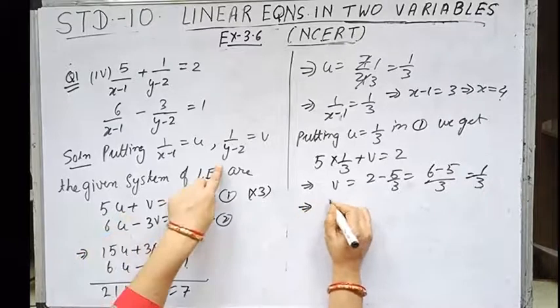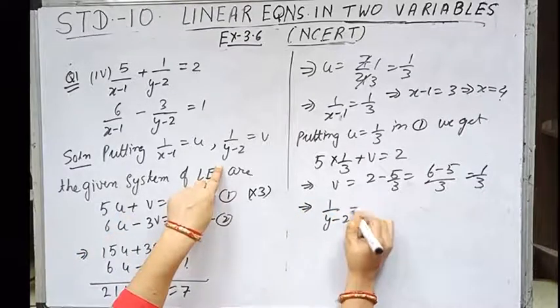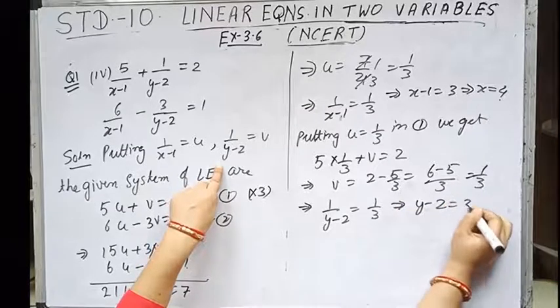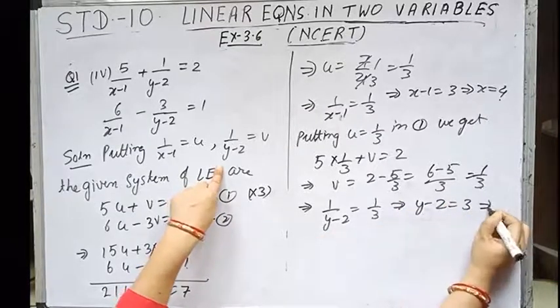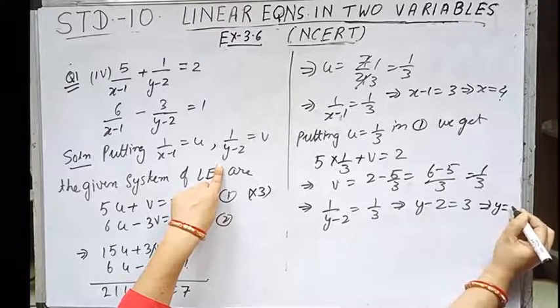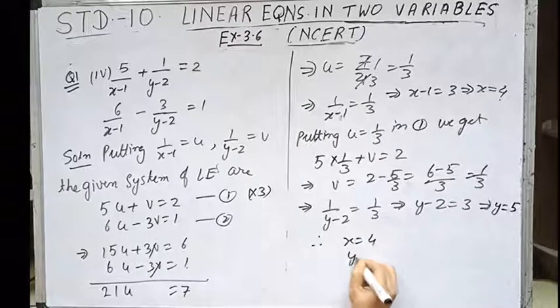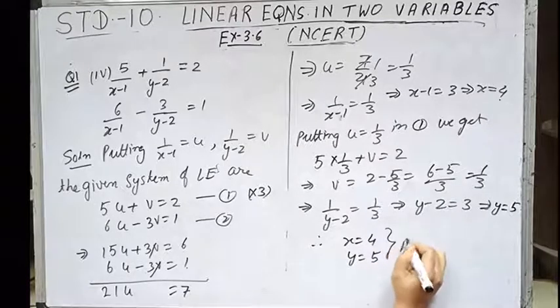Now v was how much? 1 by y - 2 = 1 by 3. This implies y - 2 = 3, implies y = 3 + 2 is 5. Therefore x = 4, y = 5. Answer.